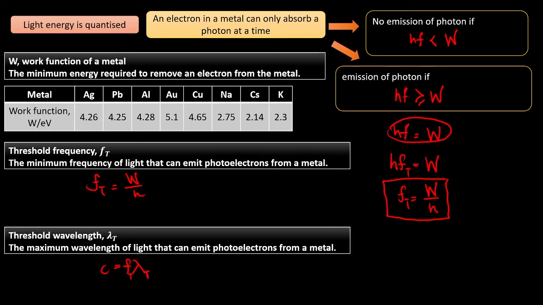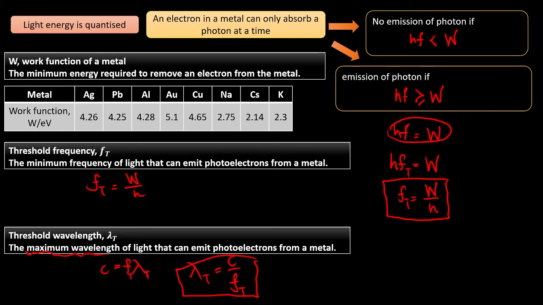So the threshold wavelength is the maximum wavelength of light that causes the emission of photoelectrons from matter. So lambda_T will be equal to c over f_T. This is the expression for the threshold wavelength.